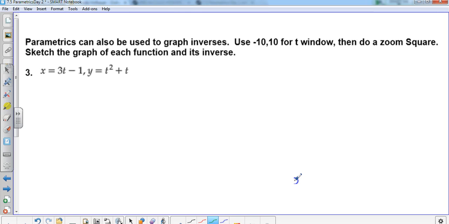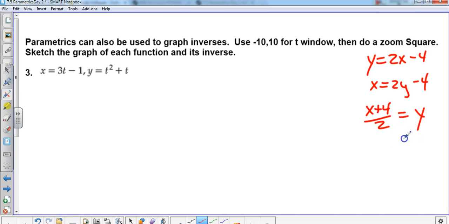We're going to graph inverses real quick. Does anybody remember what an inverse is? Remember when we had like y equals 2x minus 4? You switched the x and the y, and then you solved for the y. And then this was the inverse, or we used some weird notation like that.